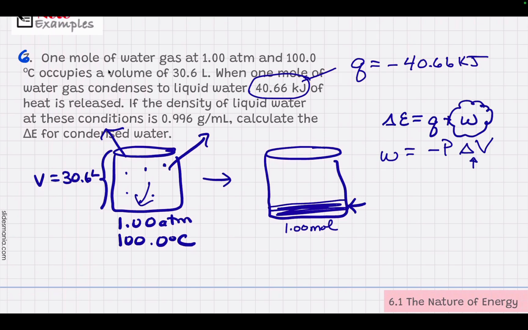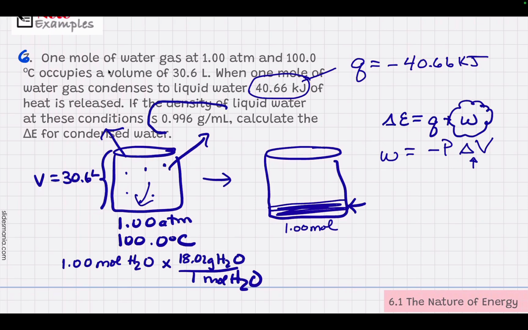So what I'm going to do is do dimensional analysis. So I have 1 mole of liquid water, and I'm going to turn that into grams. And then I'm going to use density. So the density of water at this temperature, it's not exactly 1. It does vary with temperature. So there's 0.996 grams of water for every 1 milliliter of water.